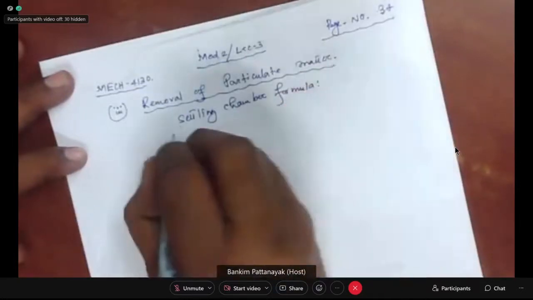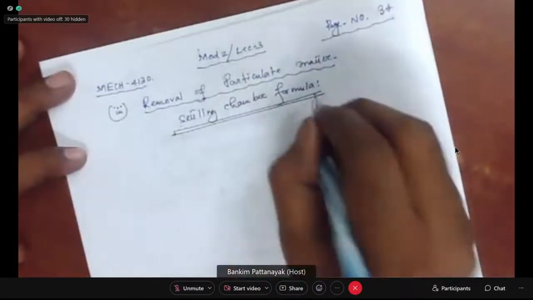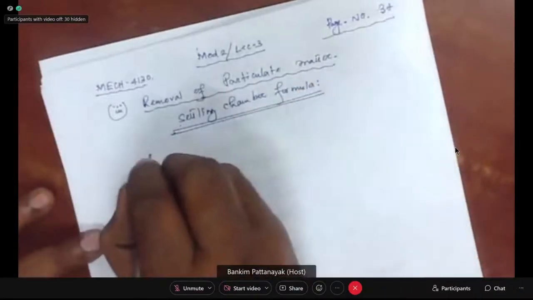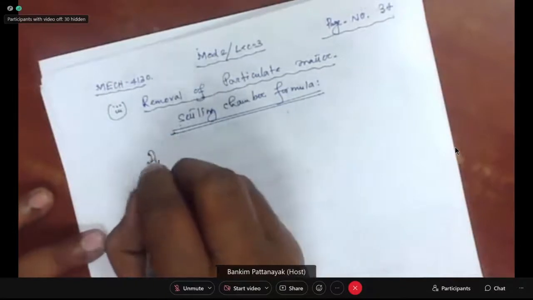What is the settling chamber formula, actually? A particle formula will give it. First of all, let us give a definition.